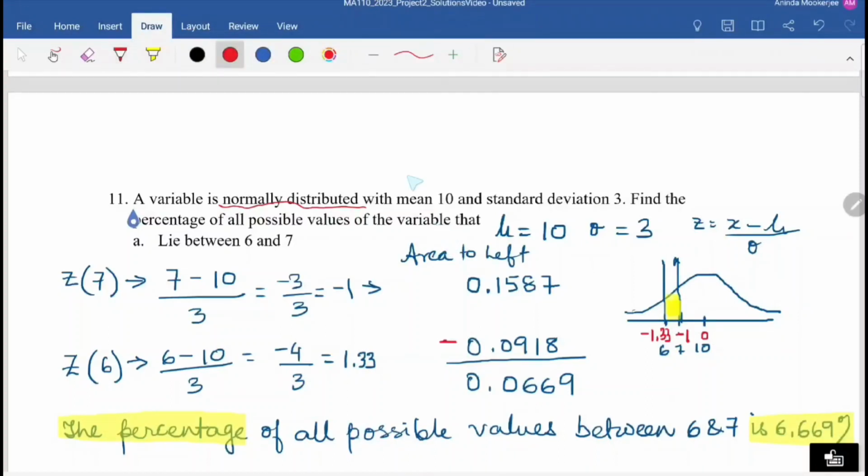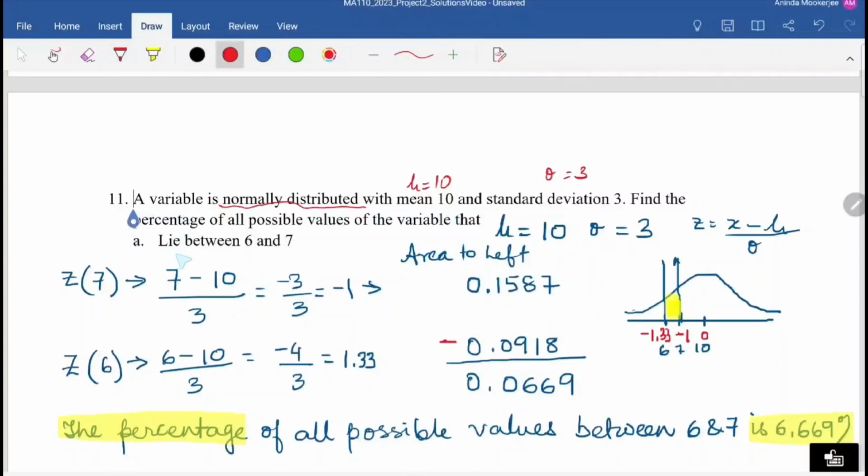All right, and the mean mu is 10, and the standard deviation, and these are all population standard deviation and population mean, has a value of 3. Find the percentage of all possible values of the variable that lie between 6 and 7.